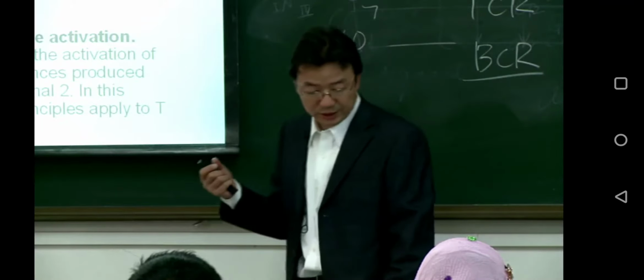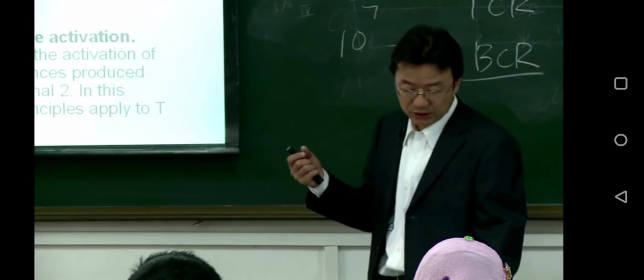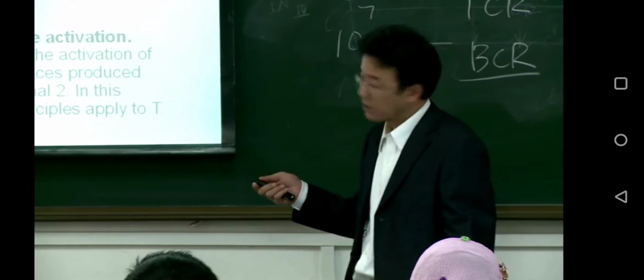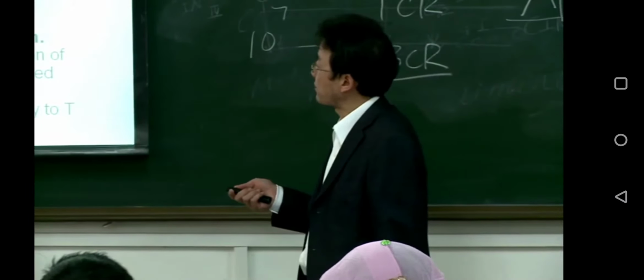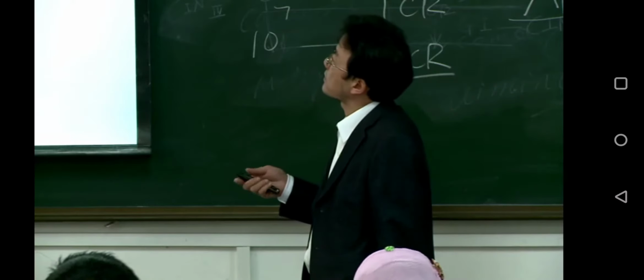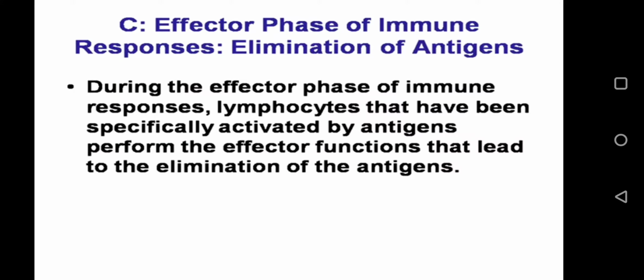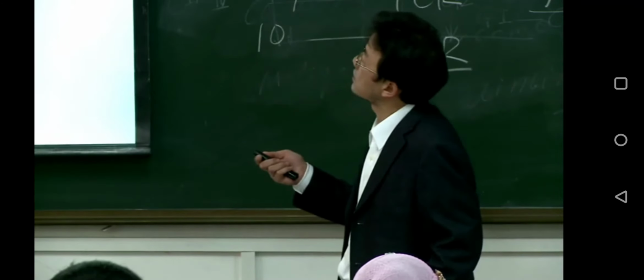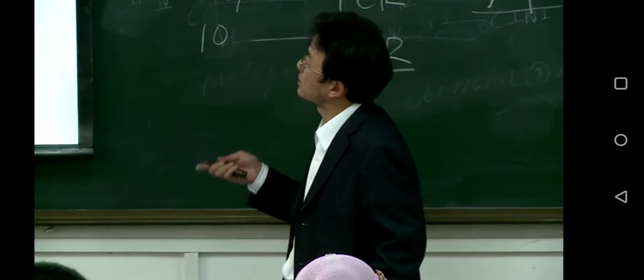We will discuss this in detail later. So there is a two-signal requirement for lymphocyte activation. The third stage is the effector phase of the immune response, the elimination of the antigen. How many effector cells are involved in the elimination of the antigen?